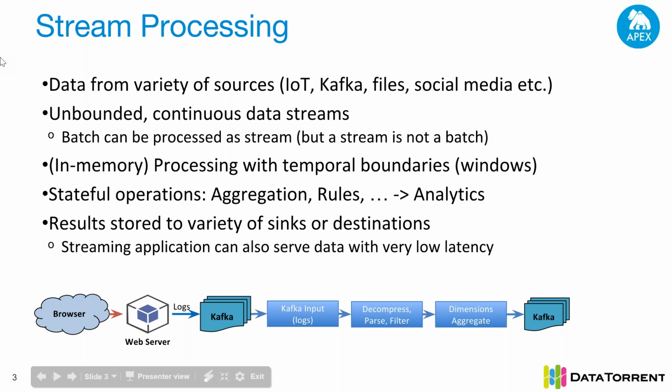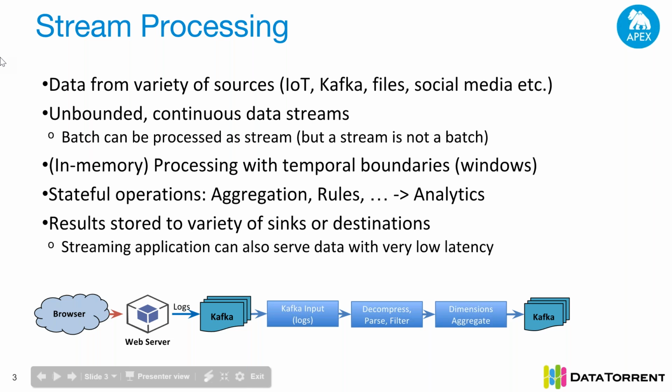We have provided one example here where we are generating web server logs and putting them through a Kafka topic. The blue boxes you can consider as the stream processing application, which reads from Kafka, decompresses or parses the incoming data, or filters the data, and on top of that does the dimension aggregation, which can help you find insights.